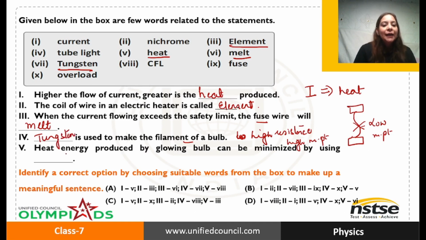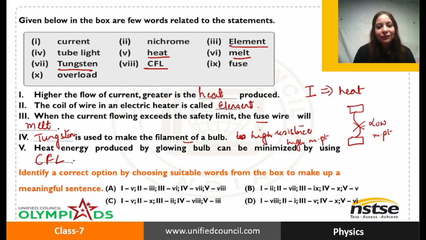Another question: the heat energy produced by a glowing bulb can be minimized by dash. Yes, it can be minimized by using CFLs, that is, compact fluorescent lamps. They are basically energy savers.